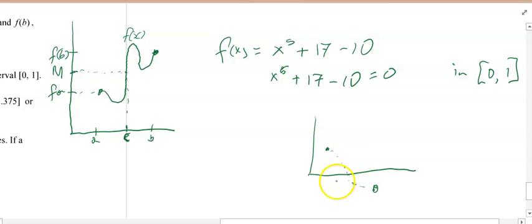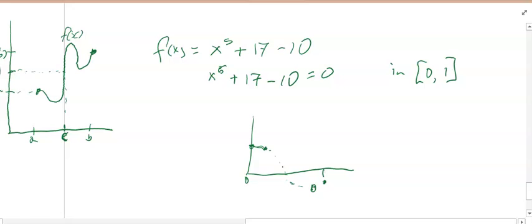So how can we check that? Between x equals 0 and x equals 1, either this graph is going from positive to negative, or it's going from negative to positive. So our check is, if it has a 0, that means we're going either from positive to negative, or from minus to plus.